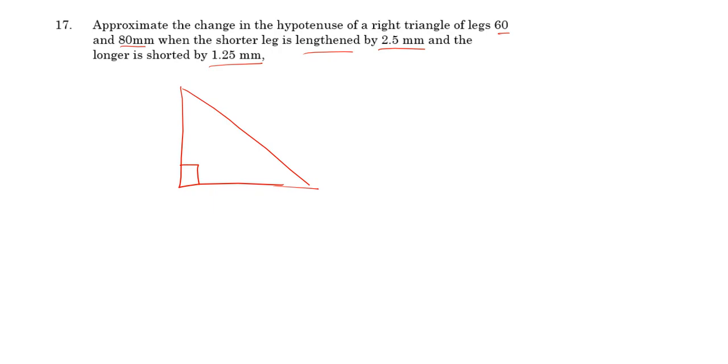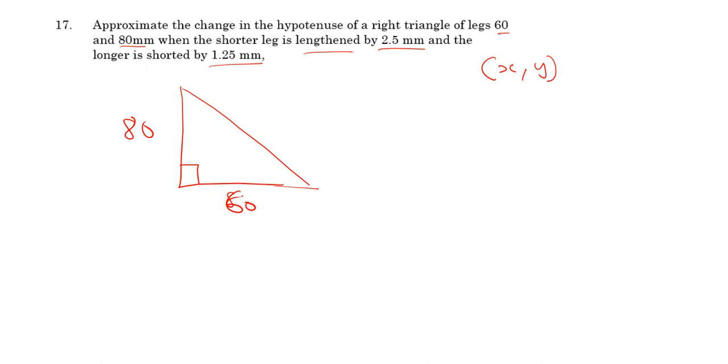They've given them as x comma y, meaning the longer one is the 80 and the shorter one is the 60. As you can see, 60 is shorter than the 80. So on the x-axis you have 60 here, and on the y-axis you have 80 there.